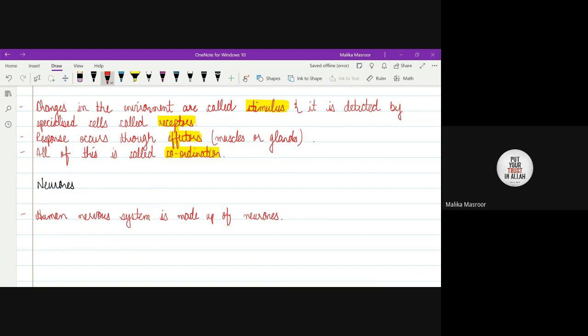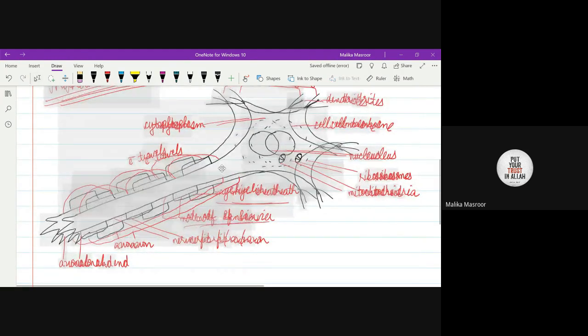Let's see what a motor neuron looks like. This is what a motor neuron looks like.